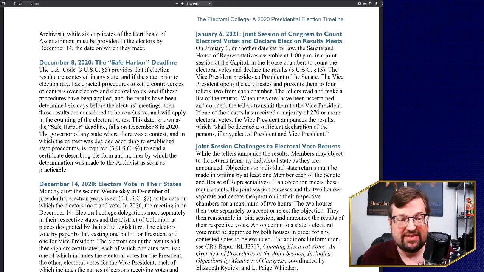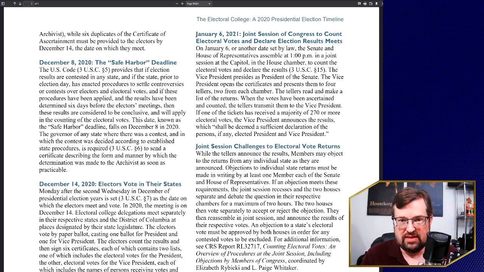The governor of any state where there was a contest, decided according to established state procedures, is required to send a certificate describing the form and manner by which the determination was made to the archivist as soon as practicable. So it's all over as far as the voting and the contesting of the votes by December 8th.